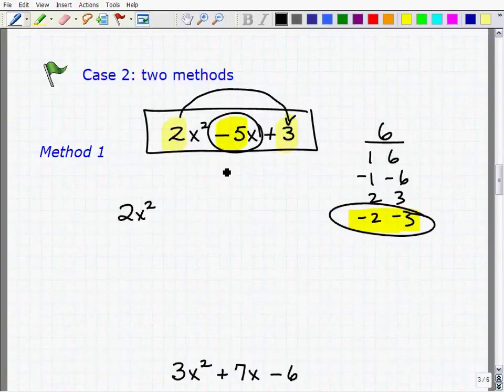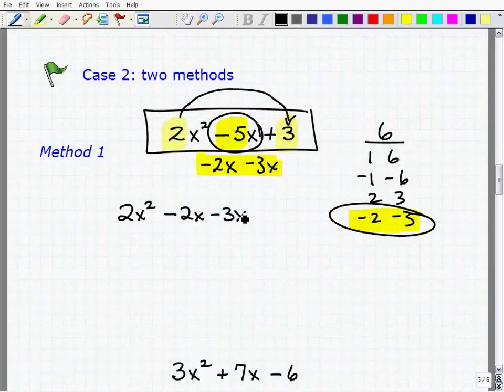I'm going to write negative 5x as negative 2x minus 3x, because when you add those two up, don't you get negative 5x? So let's write that middle term as negative 2x minus 3x, and of course we have this last, the constant part of our trinomial, so we'll write that in next.